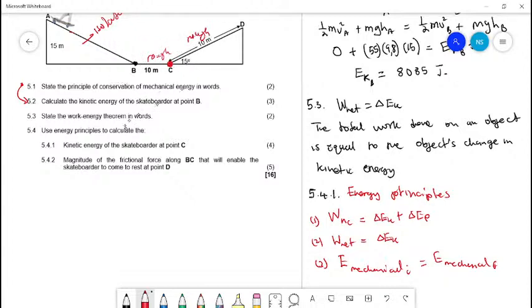So for these rough surfaces, we can't use the principle of conservation of mechanical energy, because the system is no longer isolated. So it means that we're going to use equation 1 and equation 2 to be able to answer our question. So let's start with equation 2.